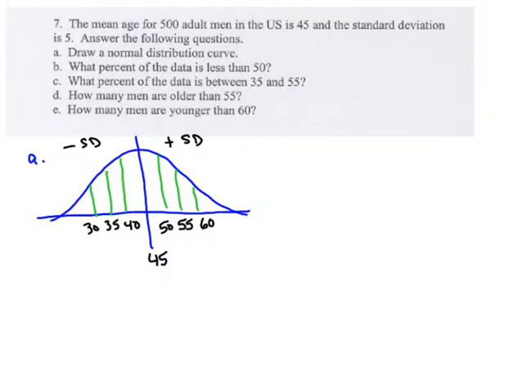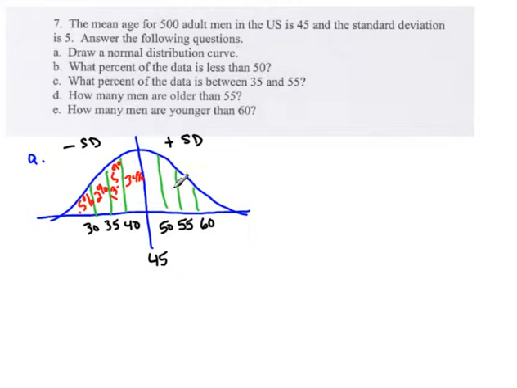Now if you recall, in order to answer the rest of the problems, you need to know those breakdown percentages. So if you remember, it's 34% from the first standard deviation away from the mean. It's 13.5% here for the second side, 2%, and 0.5%.